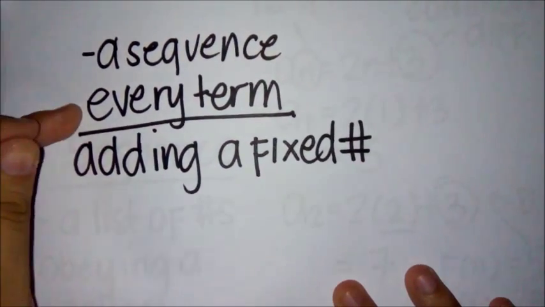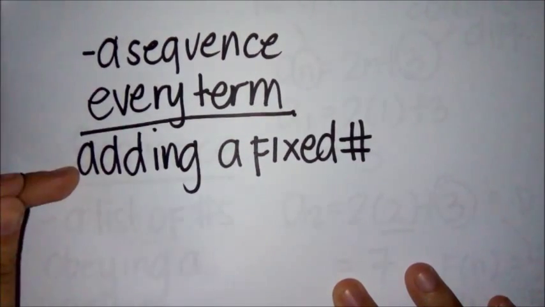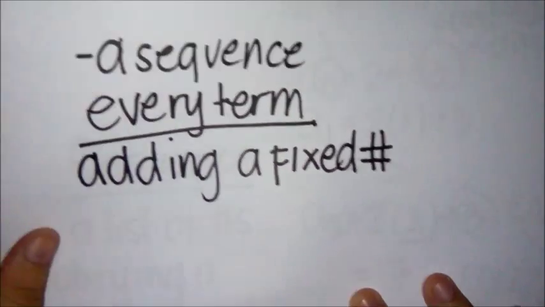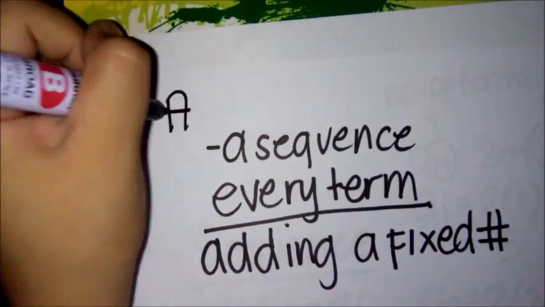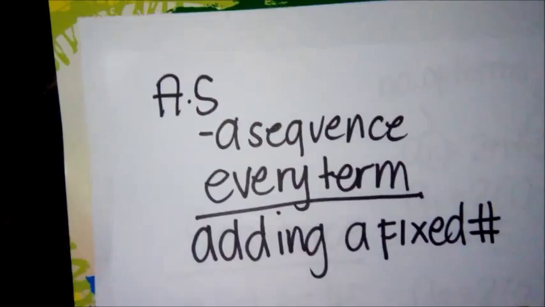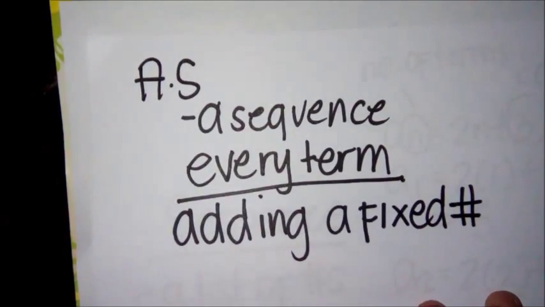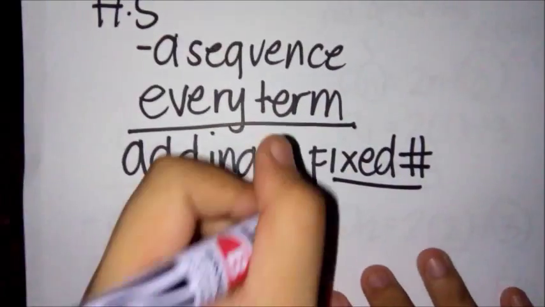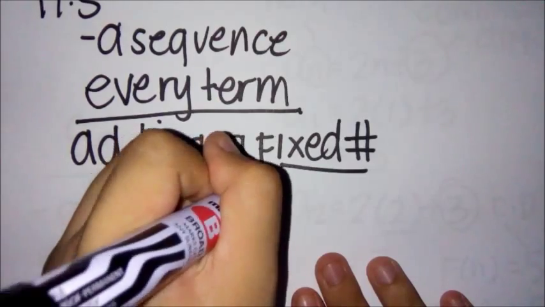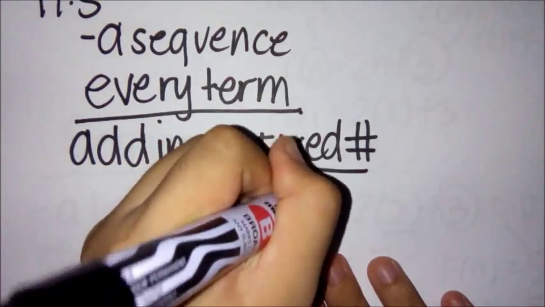Every term is obtained by adding a fixed number. So it's an arithmetic sequence. And that fixed number is called the common difference.